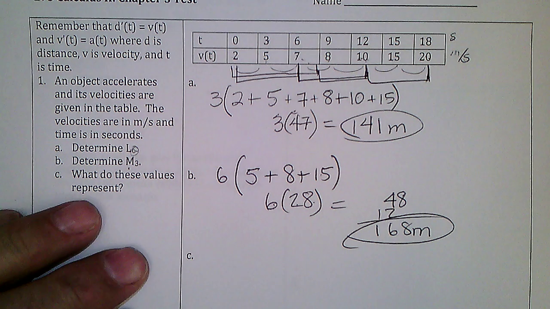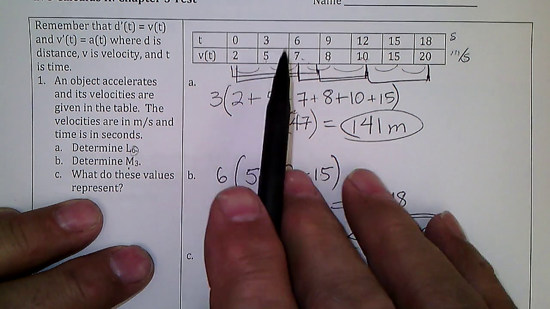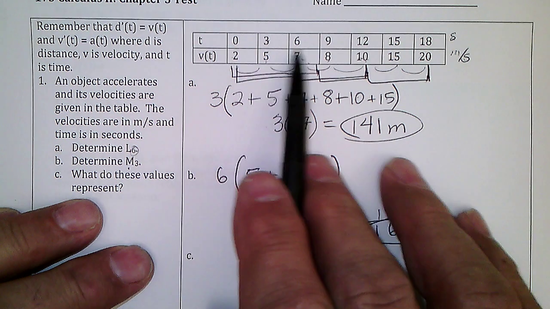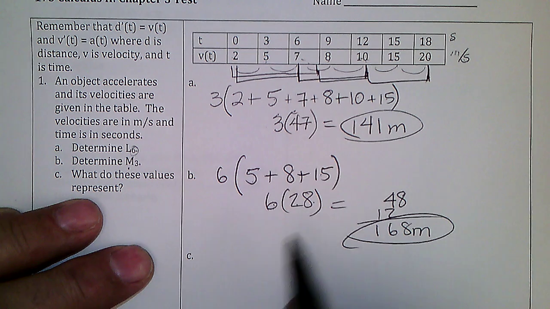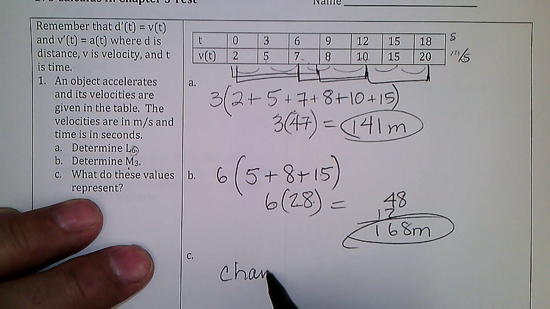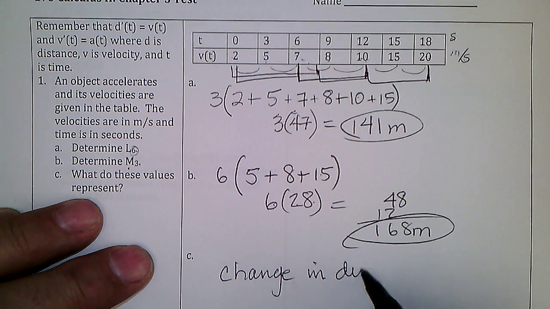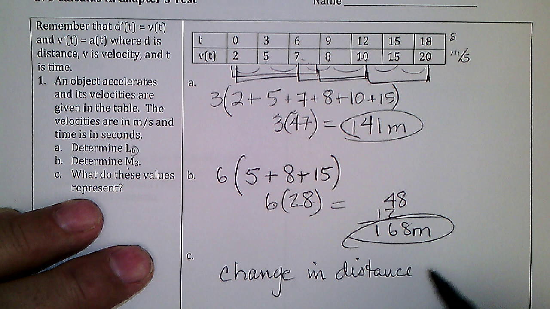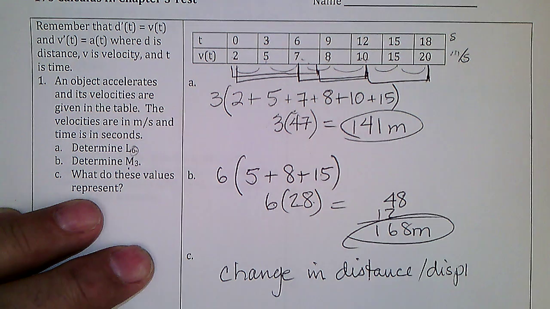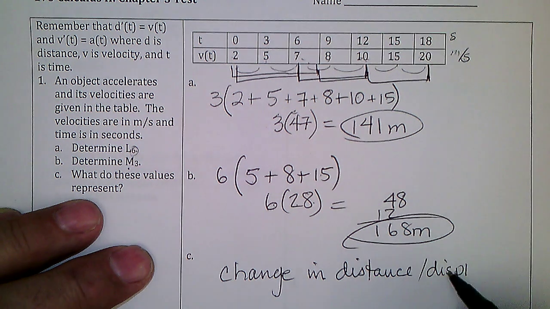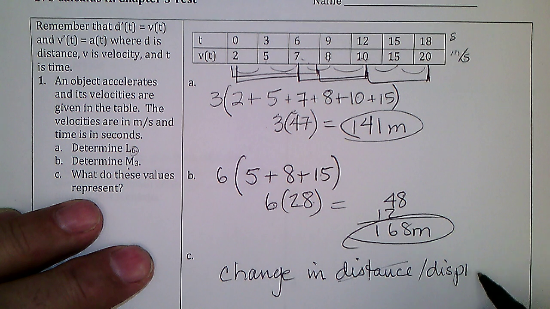What do these values represent? The area under the velocity curve tells you the change in distance, or displacement. Distance if it's absolute value, but these are all positive changes, so we don't have to worry about that, but displacement is probably the better answer.